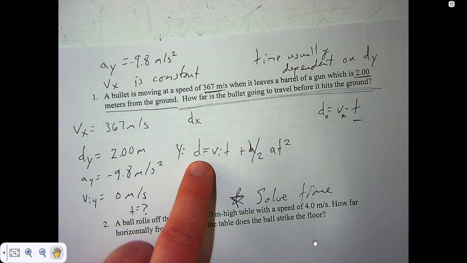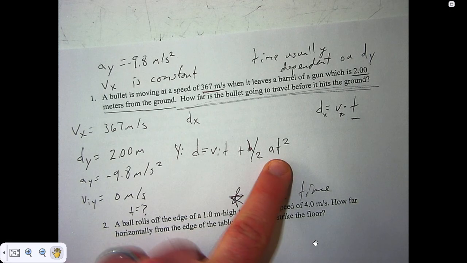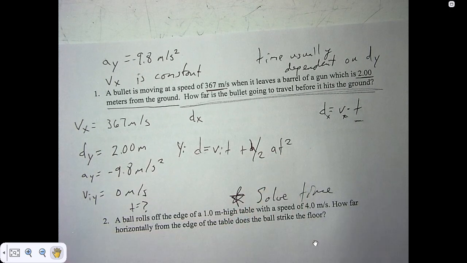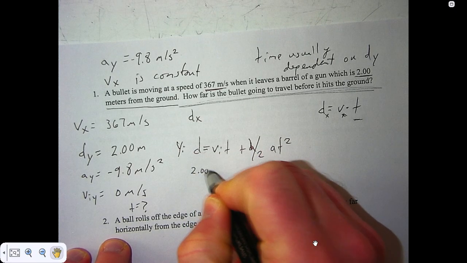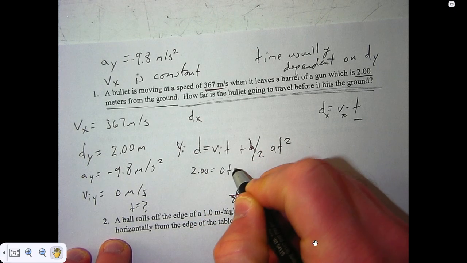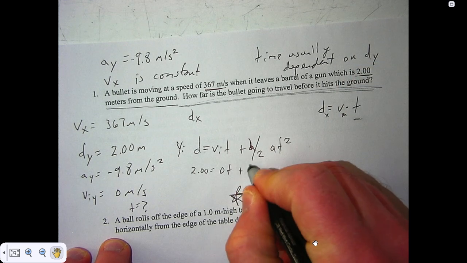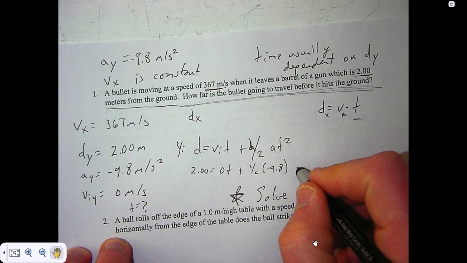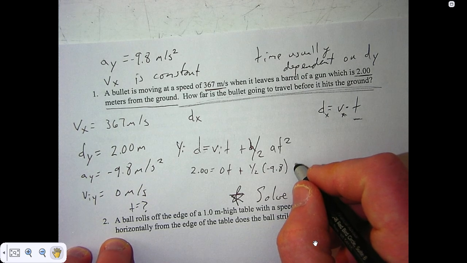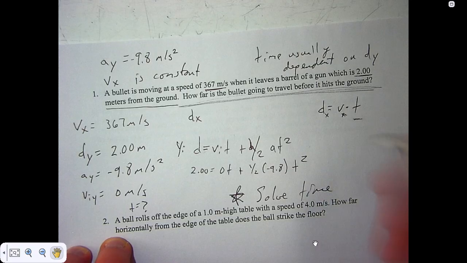So I should have dy, VIY, AY. This is all in the y orientation, or up and down orientation. So then I will plug in my values. I've got 2 equals 0 times time, which is going to be 0 eventually, plus 1/2 negative 9.8 times time squared.